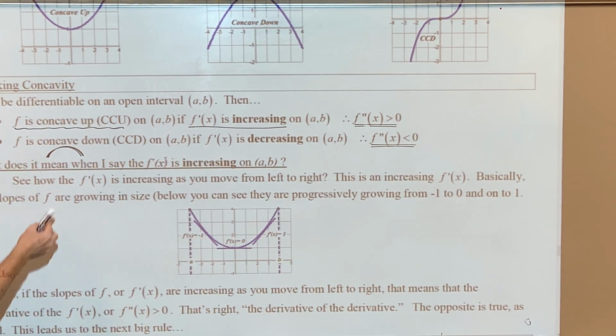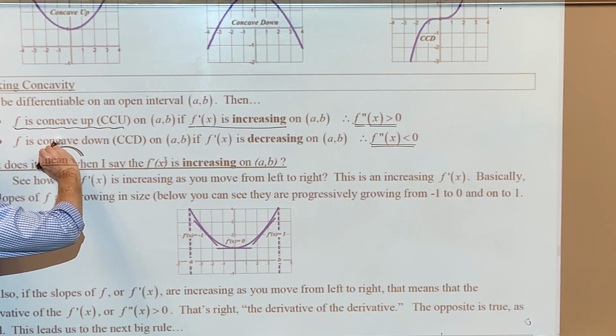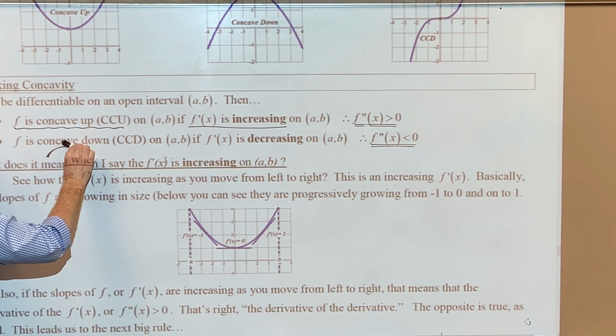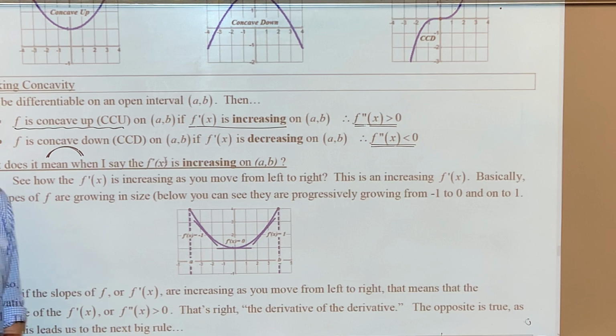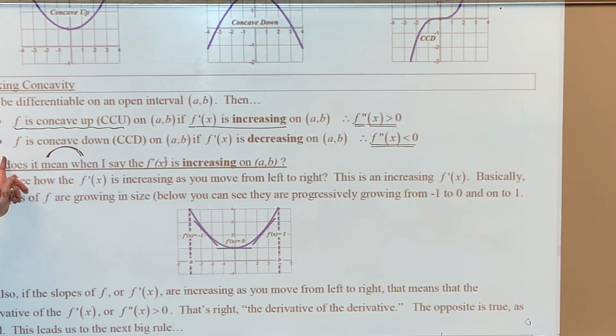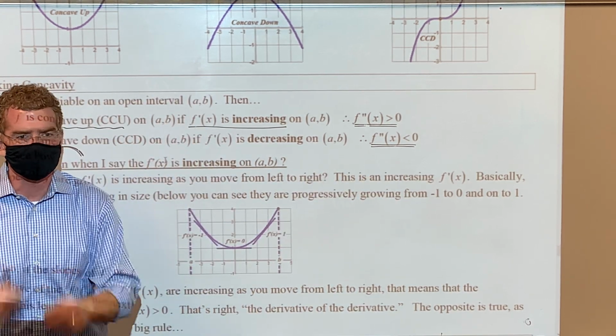Think about it. Slopes right here: 2, 1, 1/2, 0, -1/2, -1, -2. Didn't they start going down in value? And they made a concave down. These three things are linked, and it is massively important that you get it.